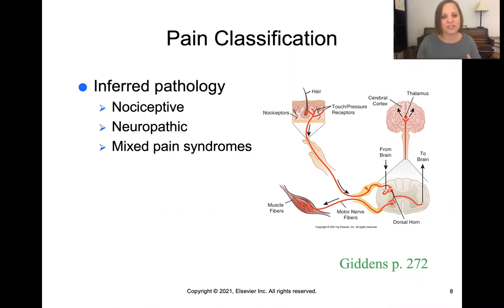And you can also have patients who have mixed pain syndrome, which is going to be a combination of your typical nociceptive pain and neuropathic pain. So one is going to be characterized as achy, crampy, throbbing. That's your nociceptive pain. Whereas neuropathic from the nerves is going to be more burning, sharp, or shooting.